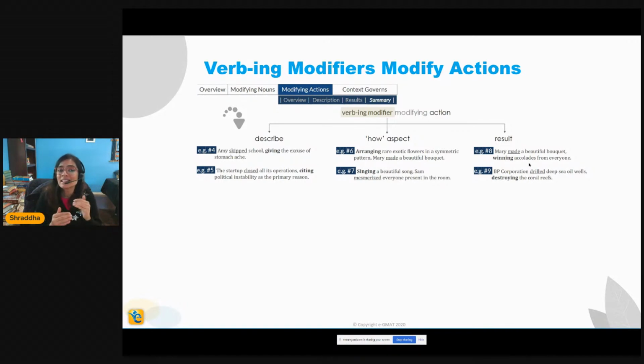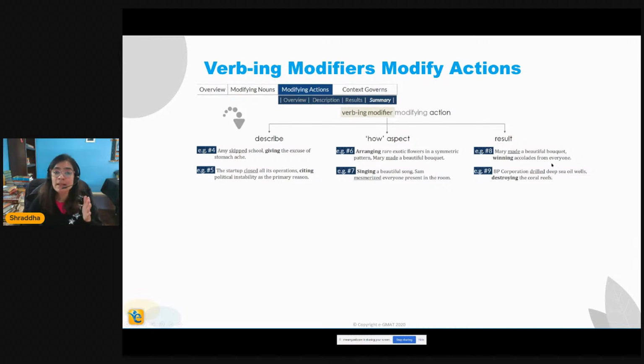So there is this inherent sequencing between the cause and the effect, in which effect always takes place later. And that is the reason why when we use a comma plus verb ing modifier to present the result, it must always be written after the modified entity, after the modified action.